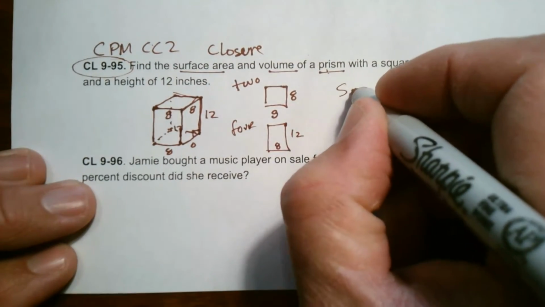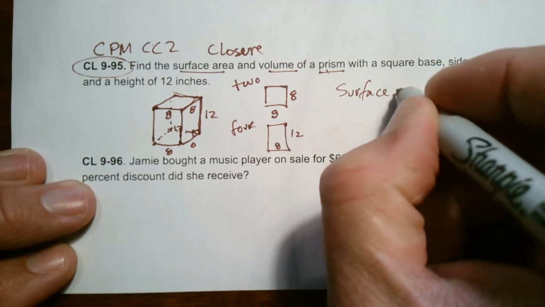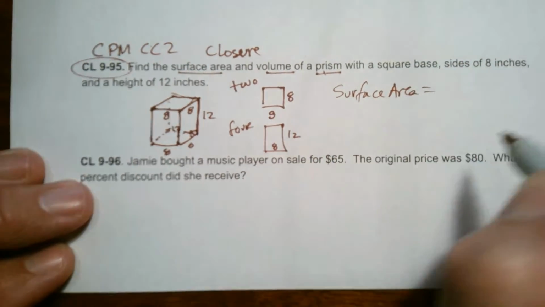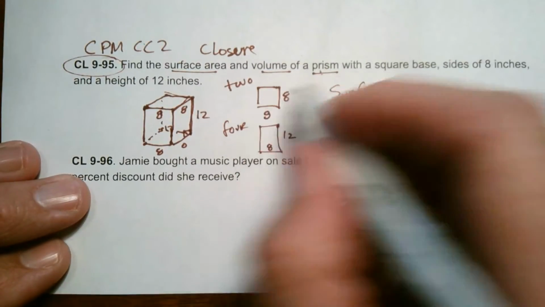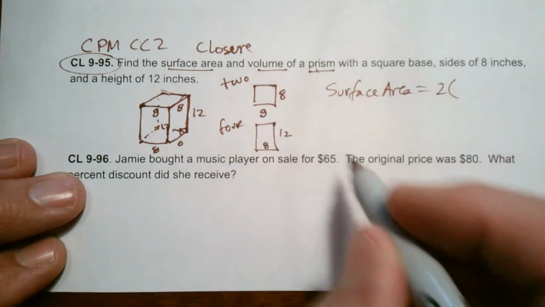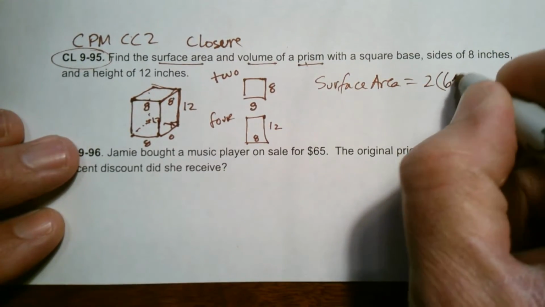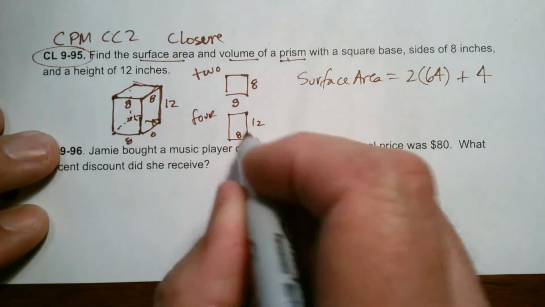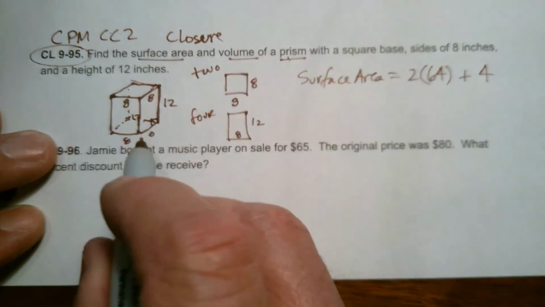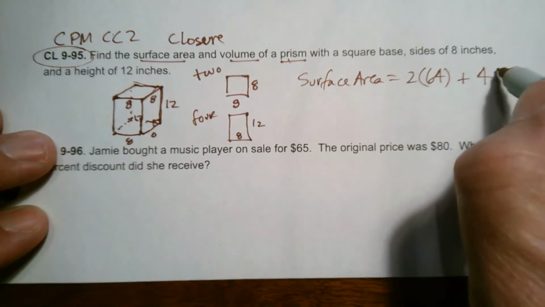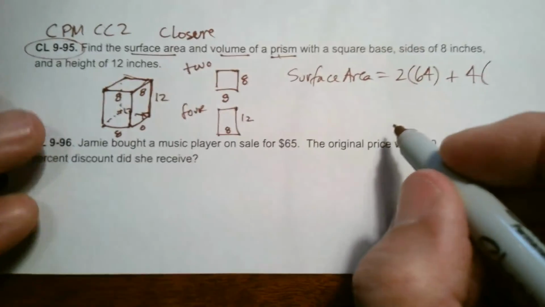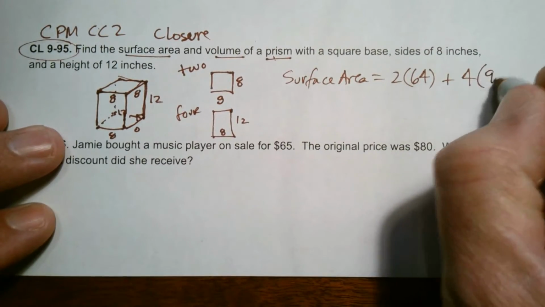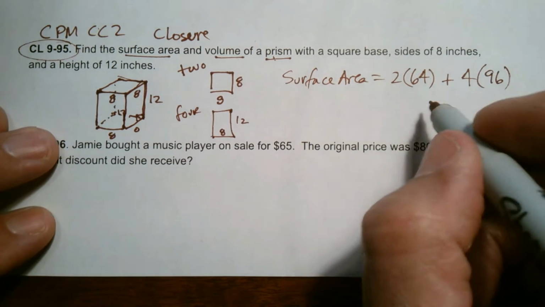So surface area would be 2 of the area of the square, which is 64. And then 4 of the rectangles that go around it, because each of those is 8 by 12. So that's 4 times the area of an 8 by 12, which is 96. So that's going to be my surface area.